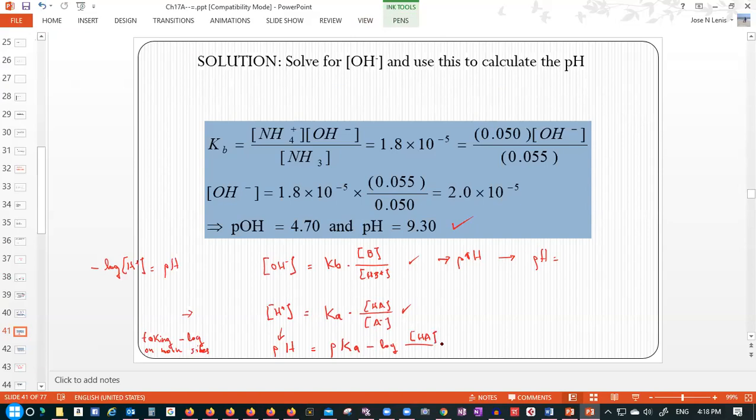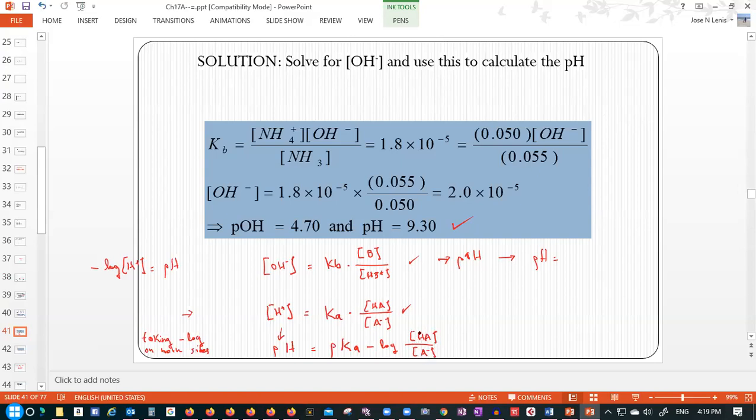And remember, those are initial concentrations, they don't need to be equilibrium. I explained already why we can make that exception on buffers only. All other problems with weak acids and weak bases, we need to do the ICE table and find the equilibrium concentration.